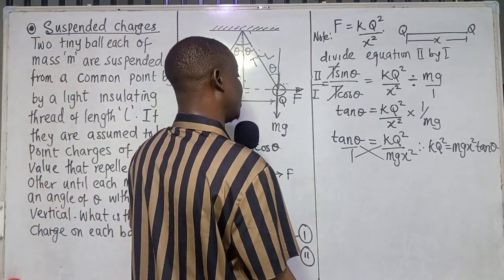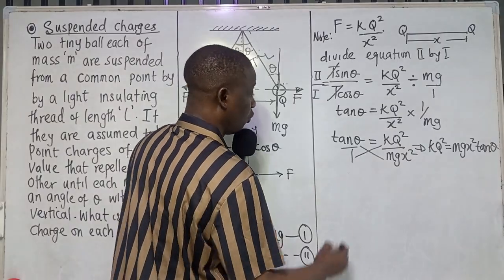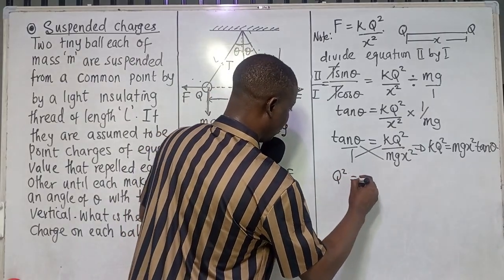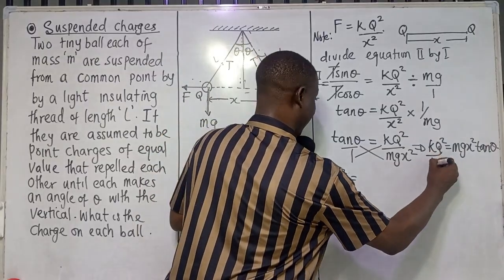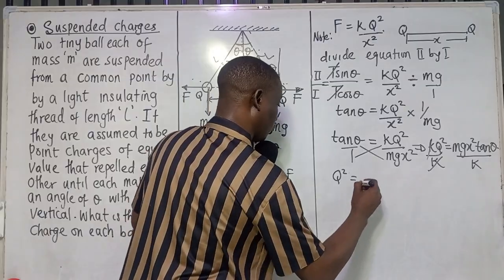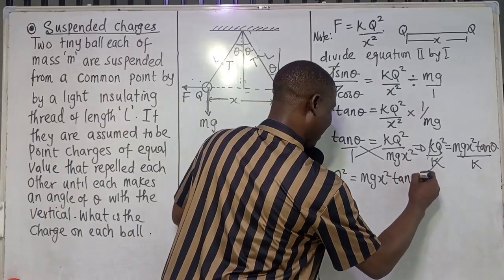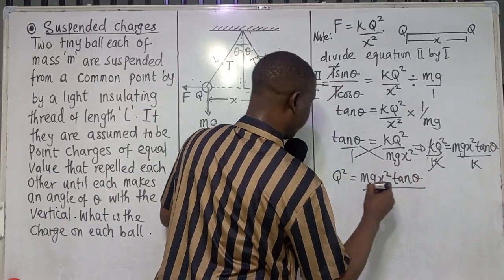So how do you make Q the subject of formula? Divide both sides by K. This will cancel. So Q square equals mg X square tan theta divided by K.